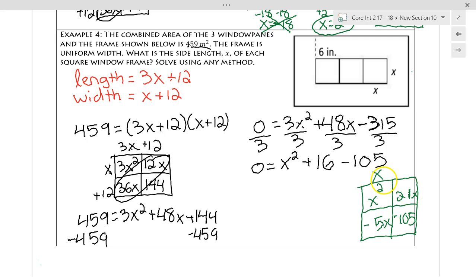So x squared is x times x. X times positive 21. X times negative 5. X plus 21 equals 0. X minus 5 equals 0. I'm going to subtract 21 from both sides.